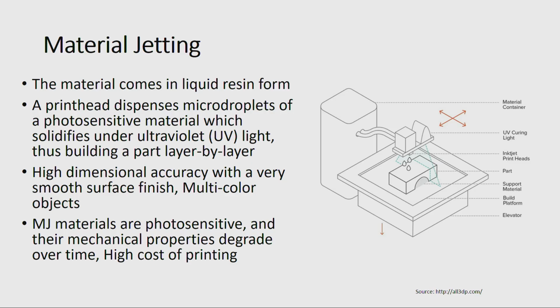So instead of the laser in an SLS 3D printer, this 3D printer will use a glue to bind the material together. That is called binder jetting, a technology similar to material jetting.